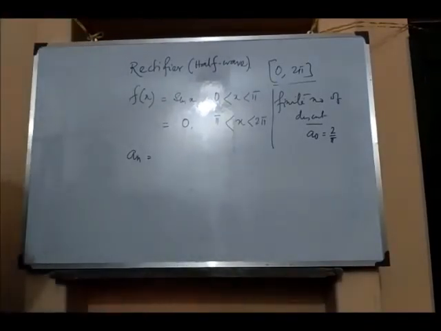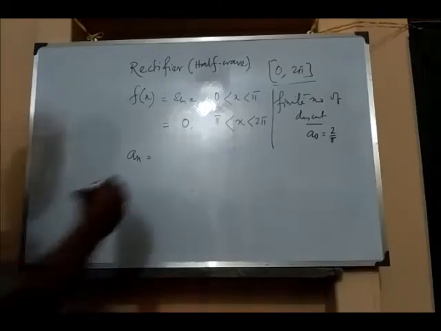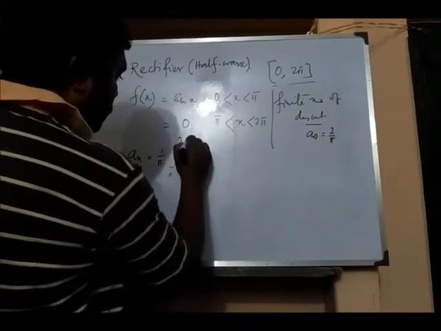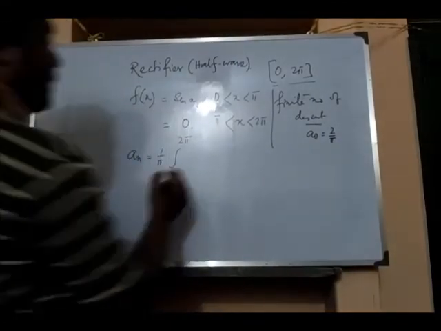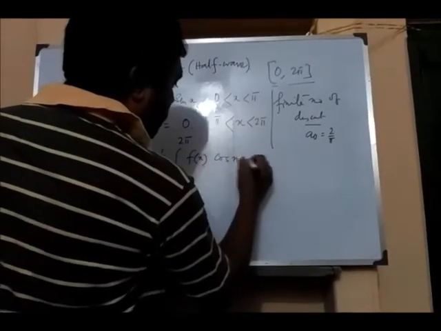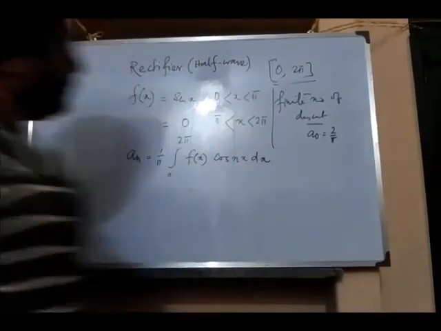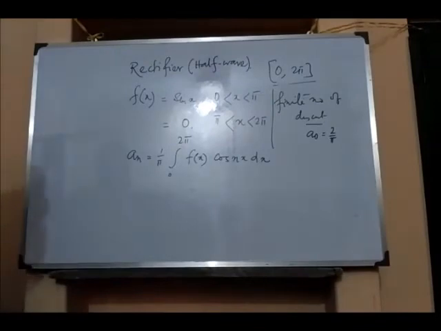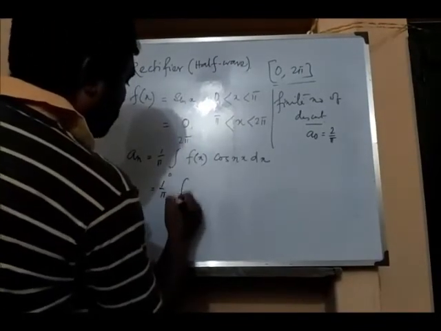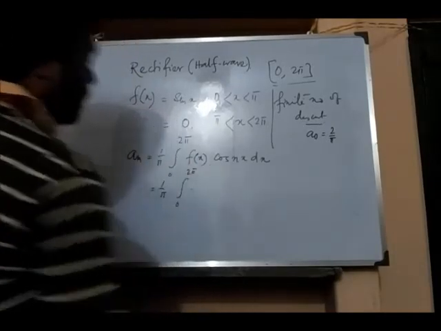The value of a_n is 1 upon pi integration 0 to twice pi f(x) cos nx dx. Now this will be 1 upon pi, 0 to twice pi.